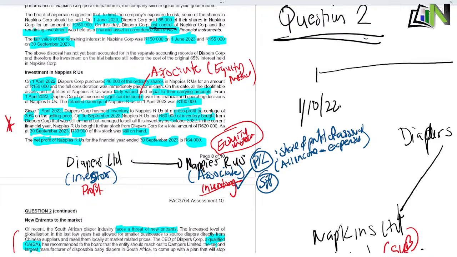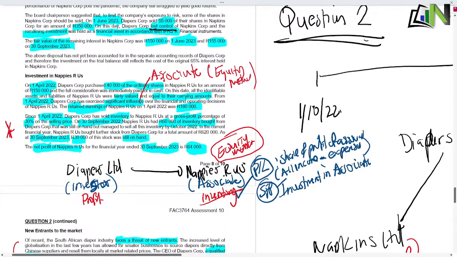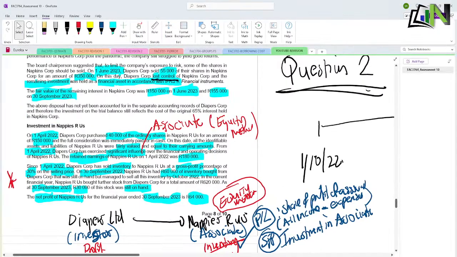Then if it's a statement of financial position account, we will say balance sheet account. If it is that, then it must go to investment in associate. So in this situation now, we have the inventory that is affected by the associate.